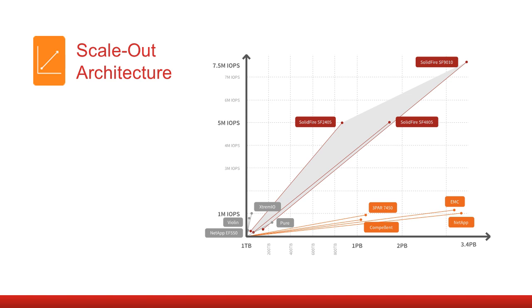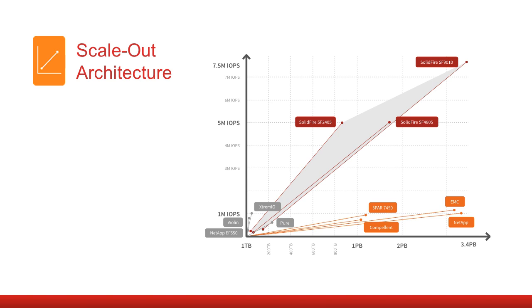And then you have some of the more traditional storage arrays listed in orange, which provide a lot of capacity, but the same or less performance. What we're trying to show here is that SolidFire is a true scale-out architecture. What I mean by that is the ability to add different nodes as needed, start small and grow very large over time, all under the same management interface and management plane.